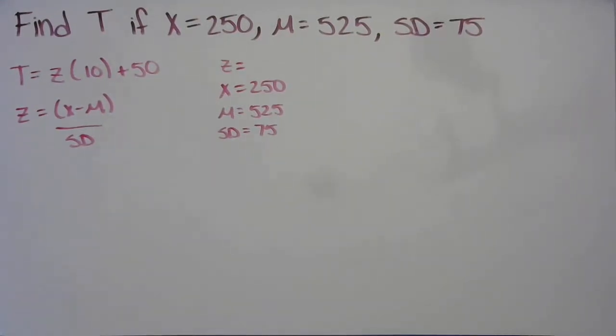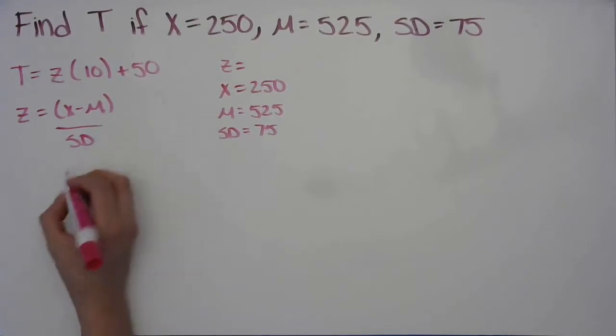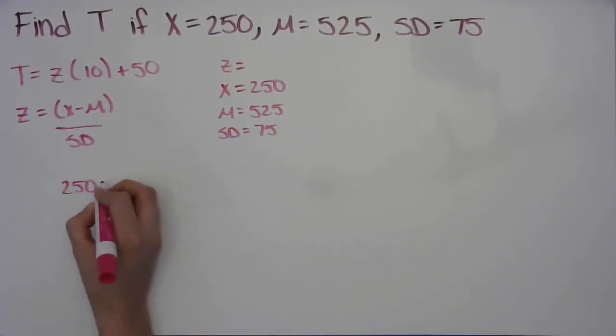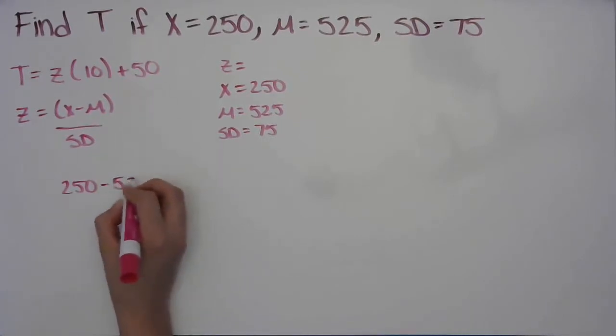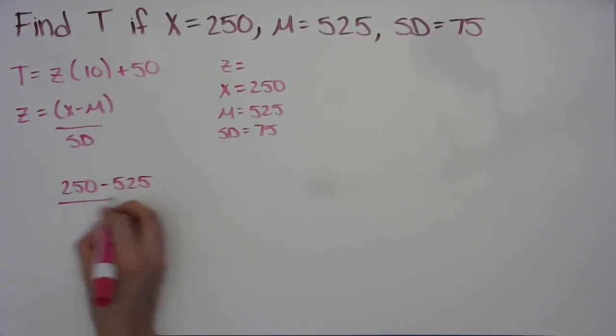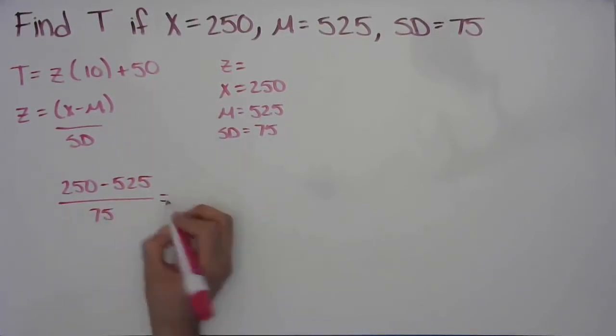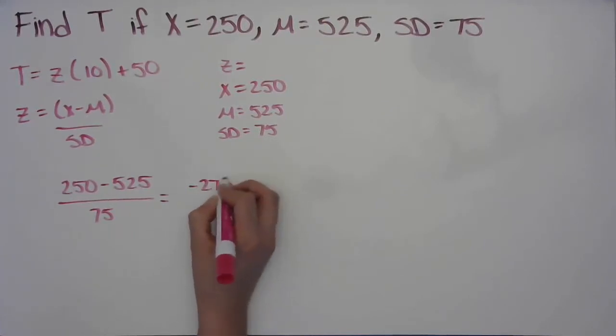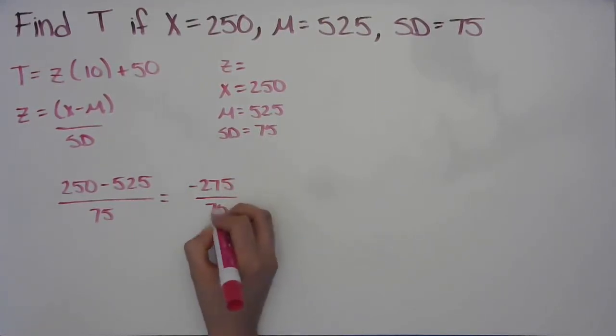So first off, it looks like we're going to need to find that z-score. So let's go ahead and plug the numbers in here. So our x value is 250 minus 525, which is our mean, over the standard deviation of 75. So that is going to give us a negative 275 over 75.